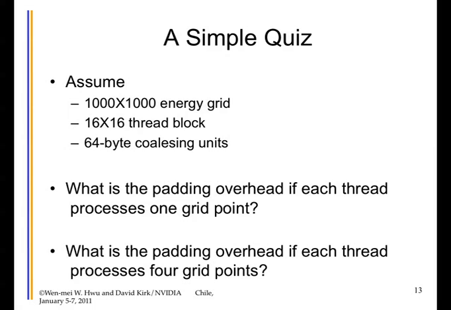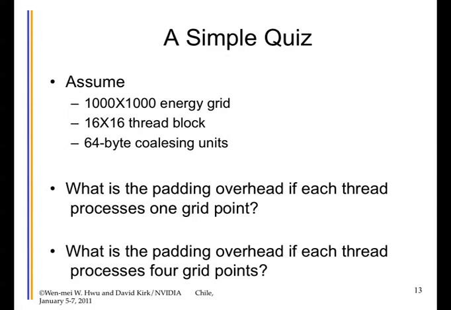Each dimension has 16 elements, right? And then you have 1,000 elements in your lattice, right? Close. It's a multiple of 16. Yeah, exactly right. Bingo, 1,008, because that's the closest 16 multiple.